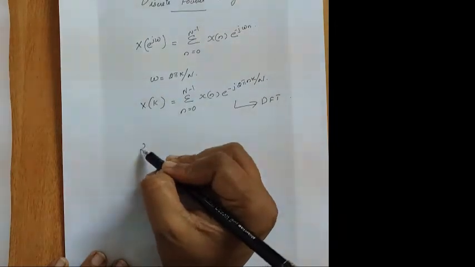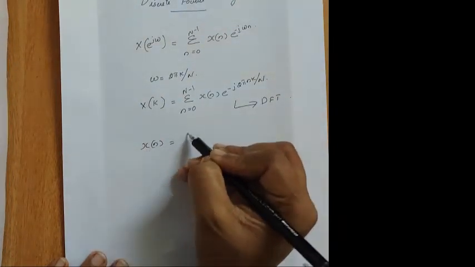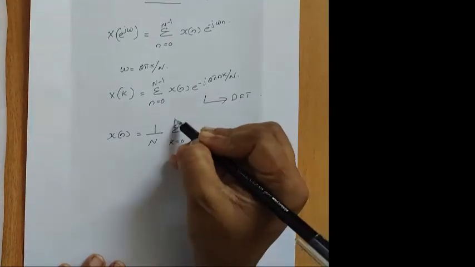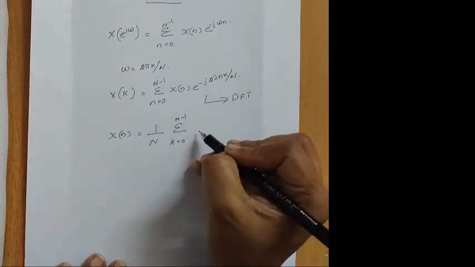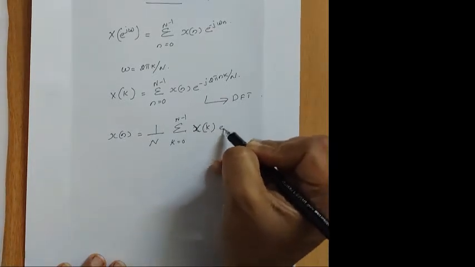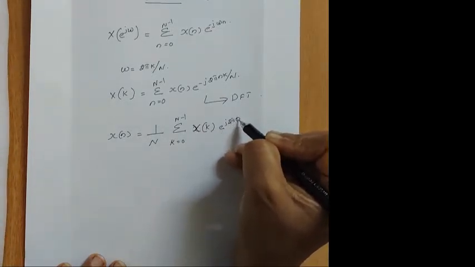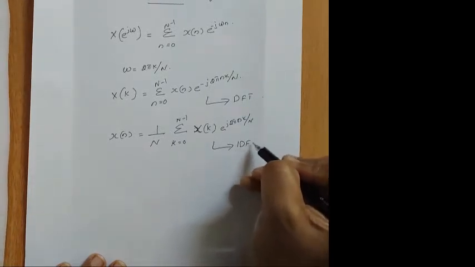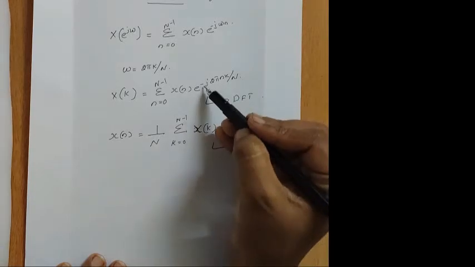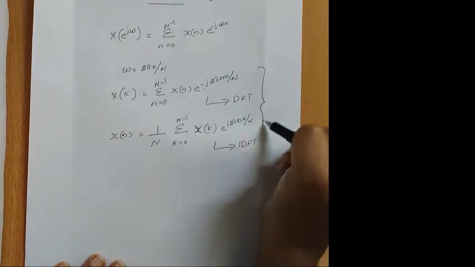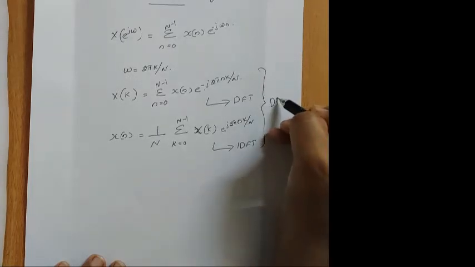And x of n is equal to 1 by N summation k equal to 0 to N minus 1 capital X of k e raised to j 2 pi n k by capital N. This is the equation for the inverse discrete Fourier transform. If it was minus j over here, it will be j over here. The combination of these two is called the DFT pair.